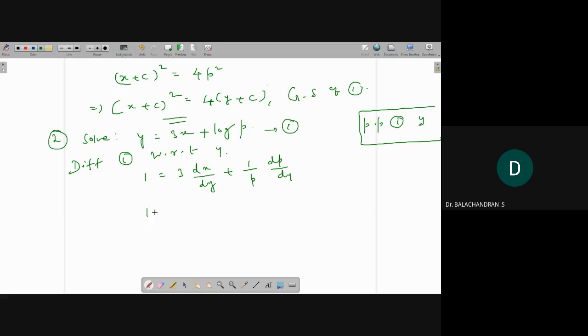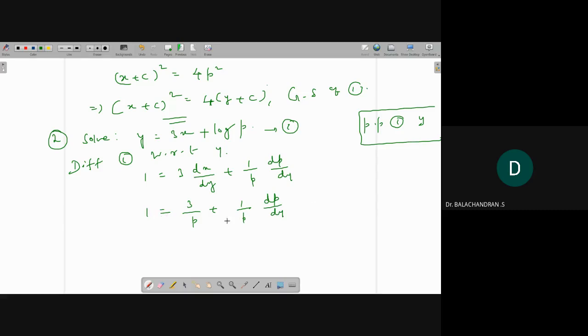So 1 equal to 3 times dx by dy, which is 1 by p, plus 1 by p into dp by dy. Now just cross multiply by p.